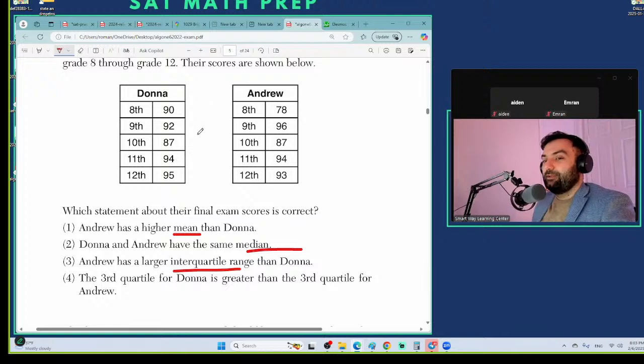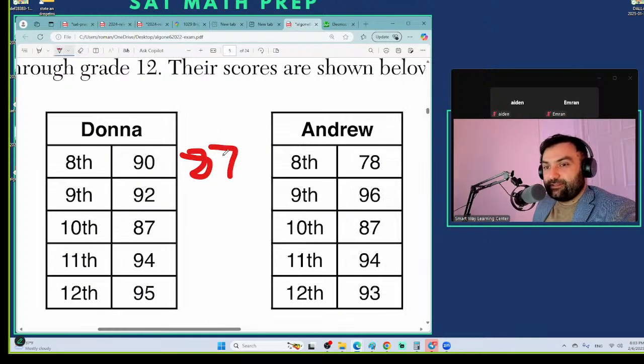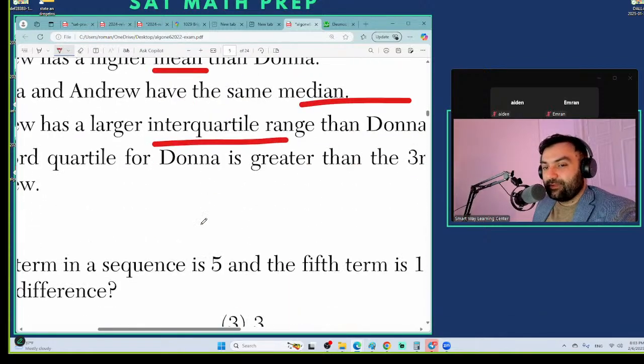Okay, so 87, 90. My mouse is not that good to write that small. Okay, so 90, 92, 94, 95. So the third quartile is going to be the number right before the maximum, 94.